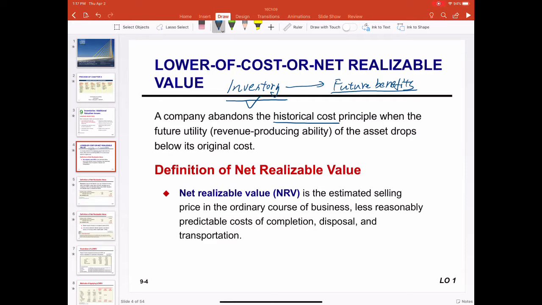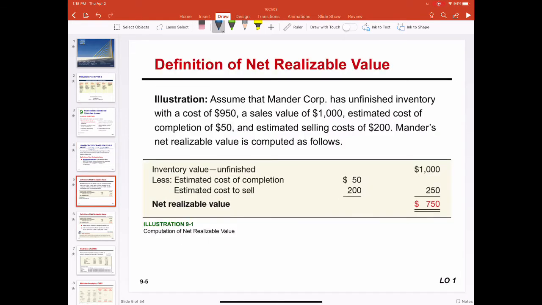The first term I introduce is net realizable value. Net realizable value is the estimated selling price subtract the predictable cost of completion, disposal, and transportation. For example, this firm has unfinished inventory, cost $950, sales value is $1,000.